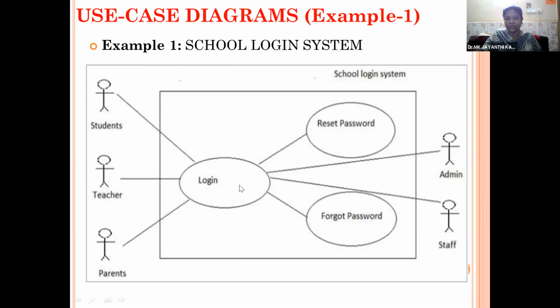While logging in, they will have the option of resetting the password and forgot password, and based on the credentials, the admin will approve the login process. In the back end, we'll have an admin as well as the staff associated with the school. They will authenticate the people, whether they are registered students, teachers and parents. So the use case diagram will look like this.